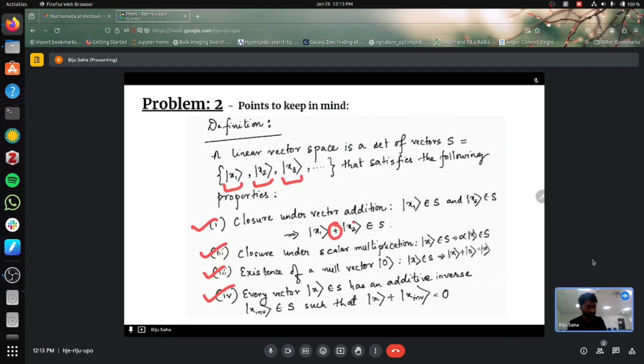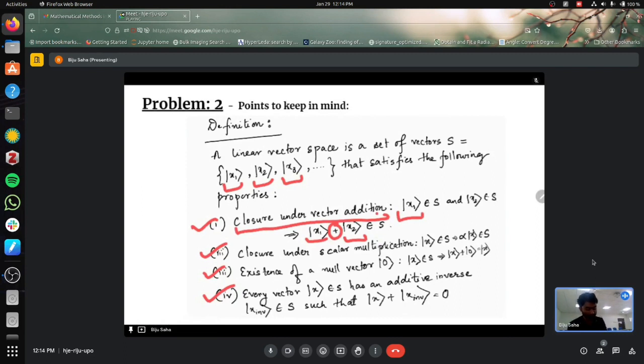If you pick up any 2 arbitrary vectors from this set, let us say x1 and x2, and under vector addition the resultant falls in the same set from which the individual terms were picked, then you say that this set obeys the first condition, which is the closure rule under vector addition.